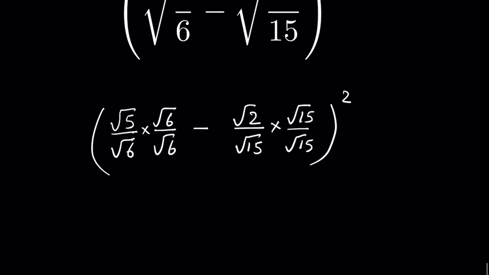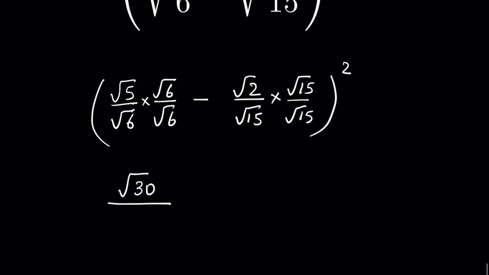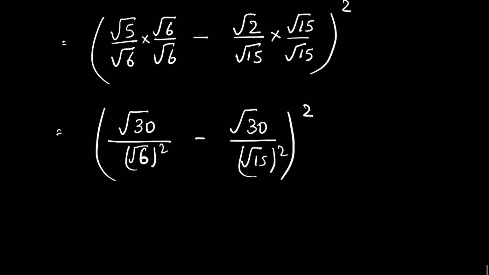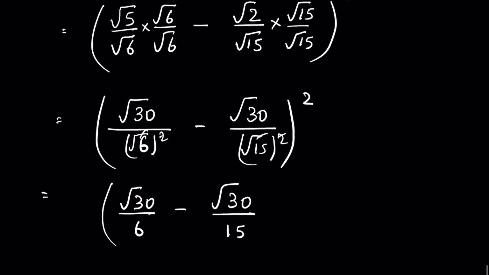Then whole square. 6 times 5 under square root will be square root of 30 upon 6, square root of 6 square, minus square root of 30 upon square root of 15 square, whole square, or this is square root of 30 upon 6 minus square root of 30 upon 15, because we remove the square root with the square, then whole square.